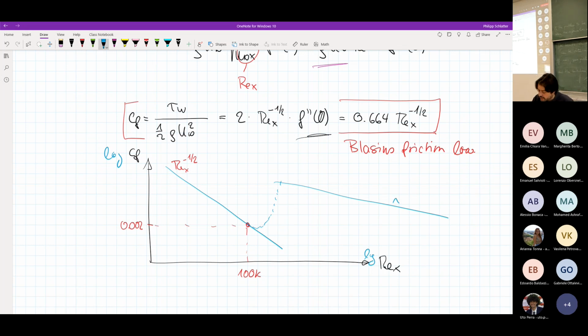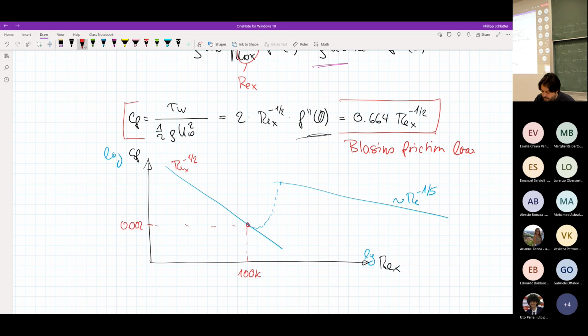In boundary layers, this is typically proportional to Reynolds to the -0.2, so -1/5 or so. So the slope is a little bit lower, and the friction therefore is also a little bit higher.